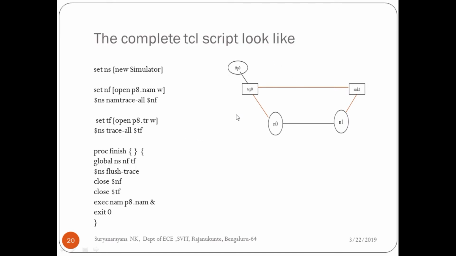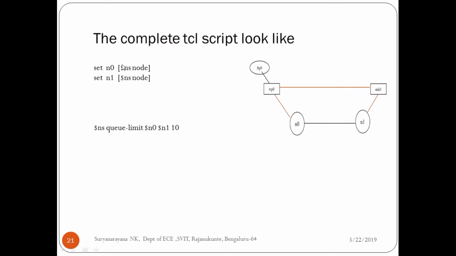The complete TCL script looks like this. In the first stage, we have created the object for the simulator. We have opened the NAM file and trace file, and we have defined the procedure. In the second step, we have defined the nodes and the link between the nodes and the queue limit also.